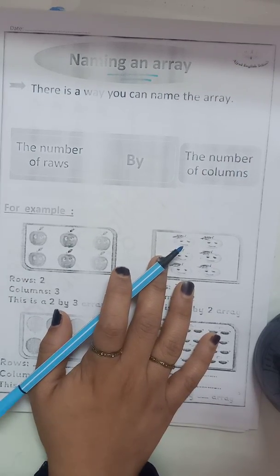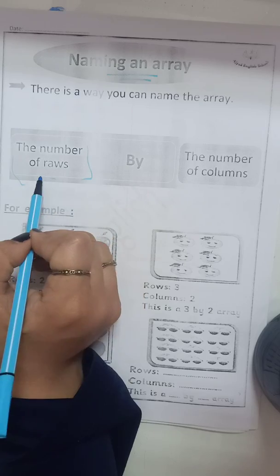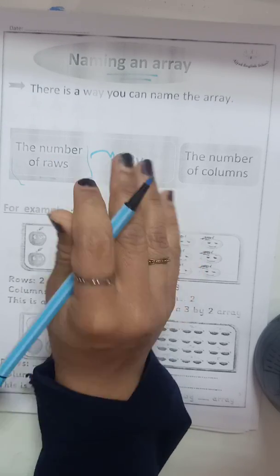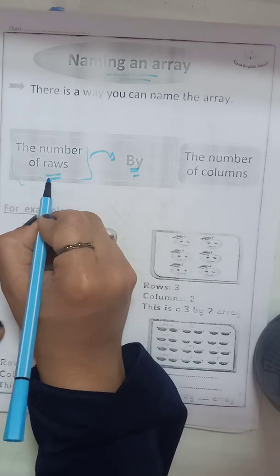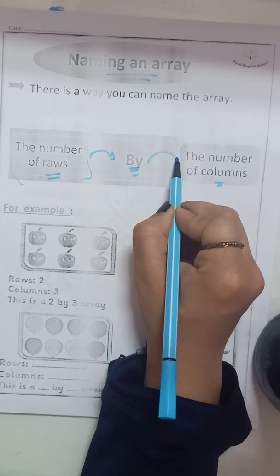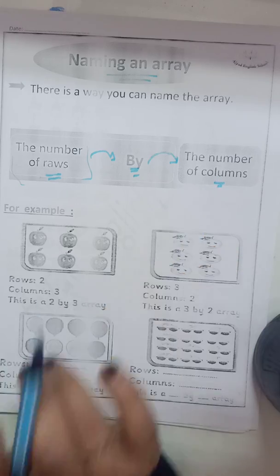There is a way to name any array. We know the number of rows. The next word is "by", which is in every array name. But the numbers change. After "by", the number of columns.